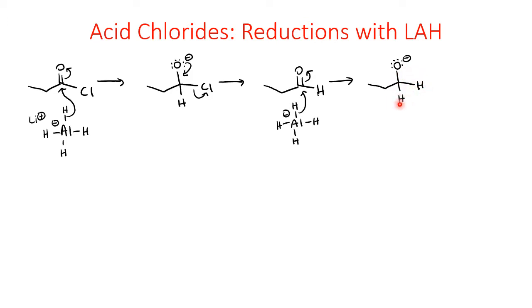Hydrogens are terrible leaving groups, as well as alkyl groups. So the molecule will be stuck here until it's treated with a proton source such as water. Upon treatment with water, we will protonate that oxygen, and finally, we will create our primary alcohol product.